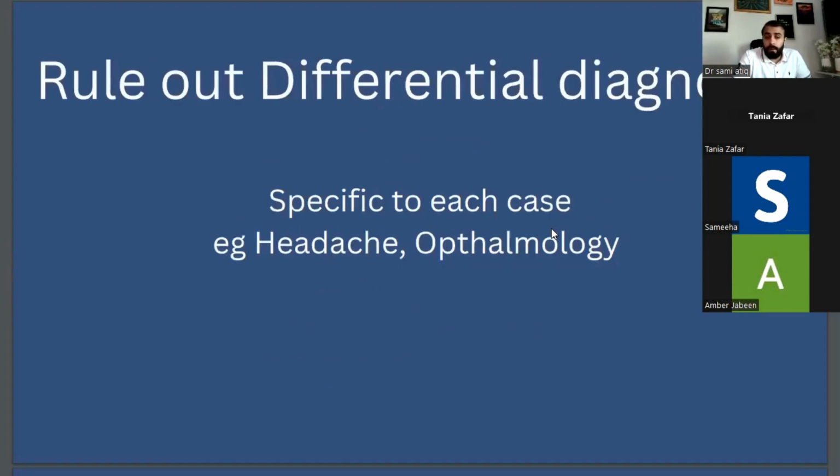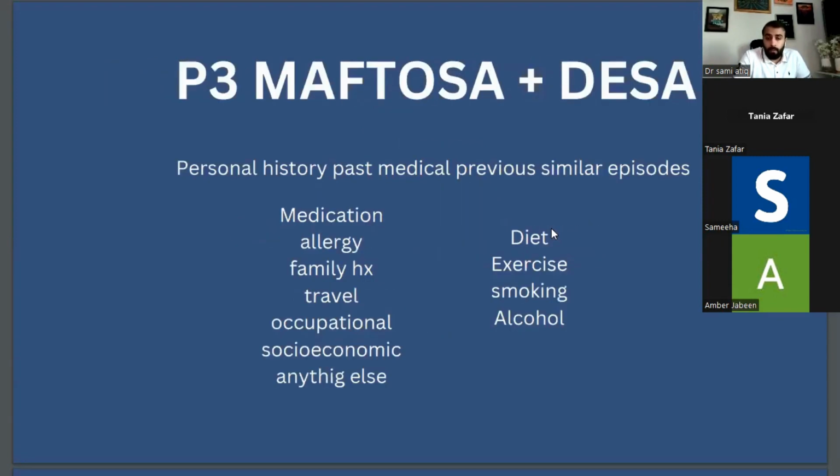After the red flags, after you are done with the four components above, you will come to a major chunk of your history, for which we have a mnemonic known as P3, MEFTOSA and DESA. You can make your own mnemonics; various people use these for their own ease.